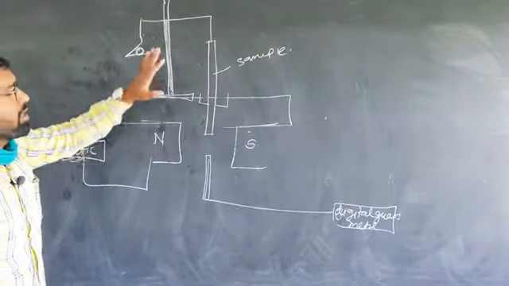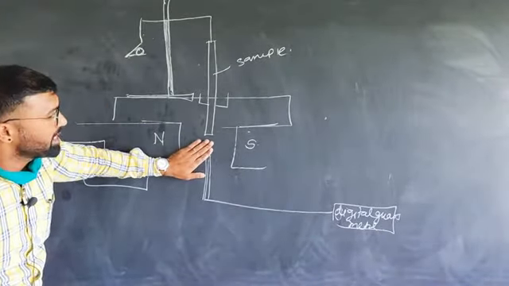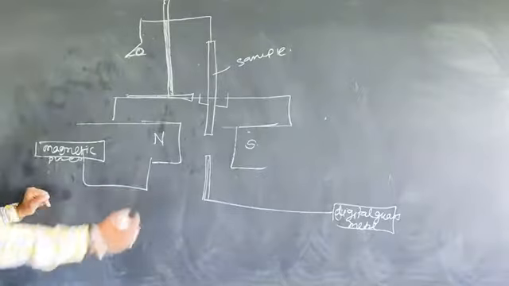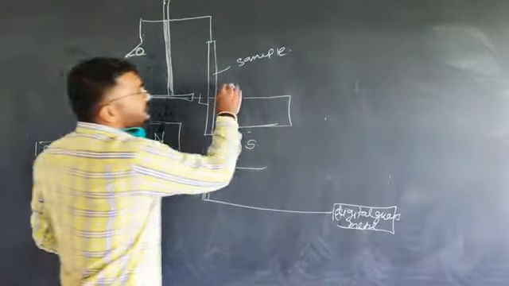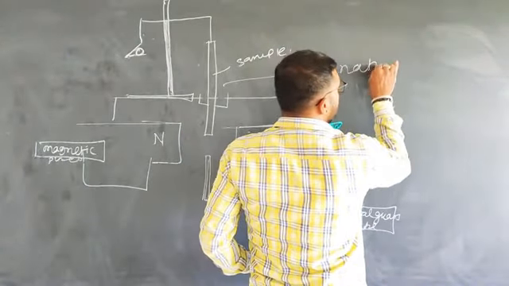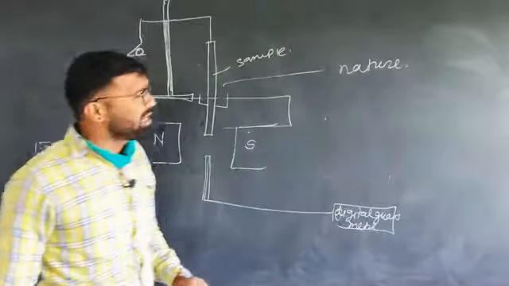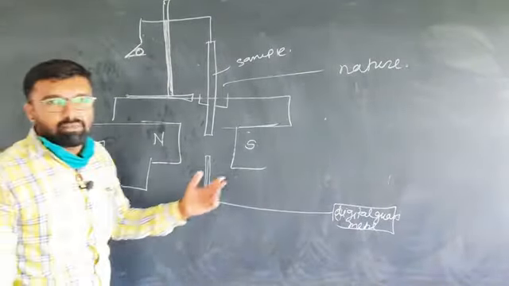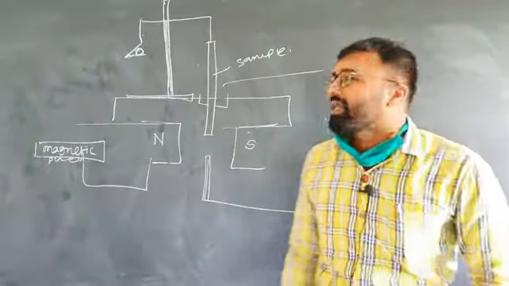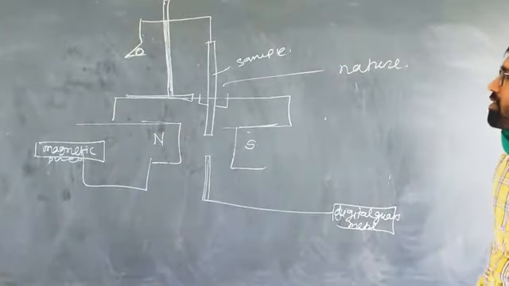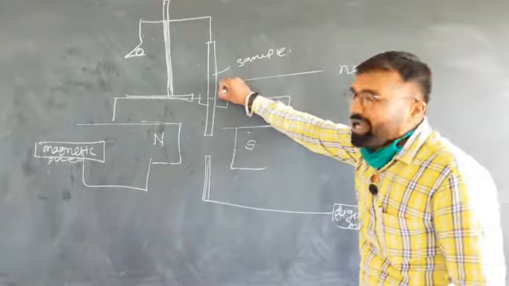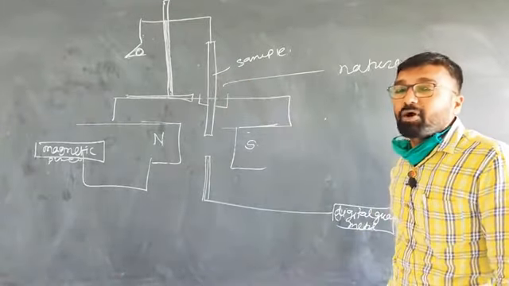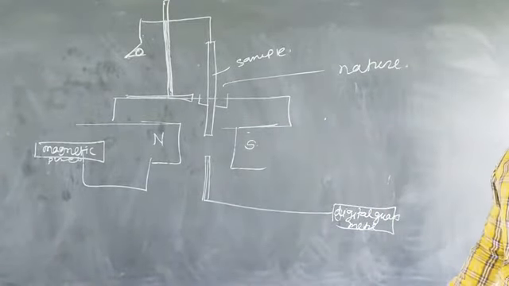When the magnetic field is generated, depending upon the nature of the sample or material, it may be paramagnetic or diamagnetic. If it is paramagnetic, we already discussed the characteristics of a paramagnetic material.